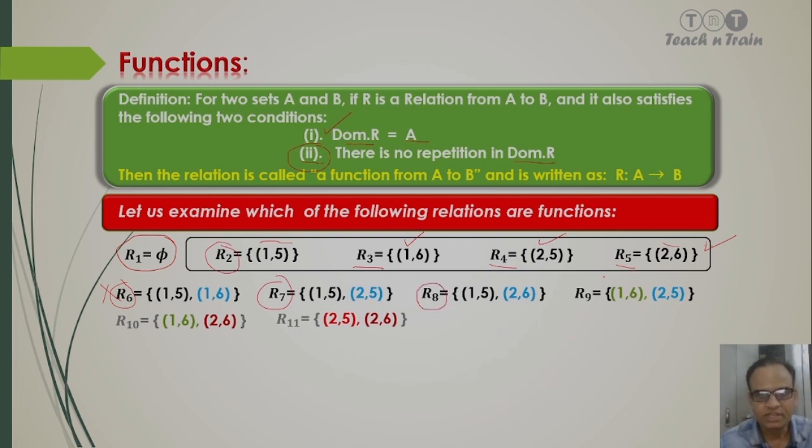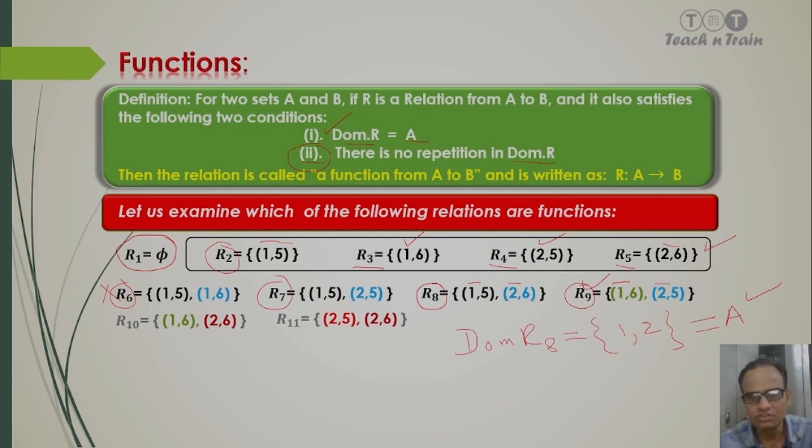Next we are going to check R8. Its domain is 1, 2, which is equal to set A. So the first condition is satisfied for R8, and the second condition is also satisfied because there is no repetition in the first elements of the ordered pairs of R8. Now let's check R9. We can see that the domain of R9 is equal to set A and there is no repetition in the first elements of the ordered pairs of R9.